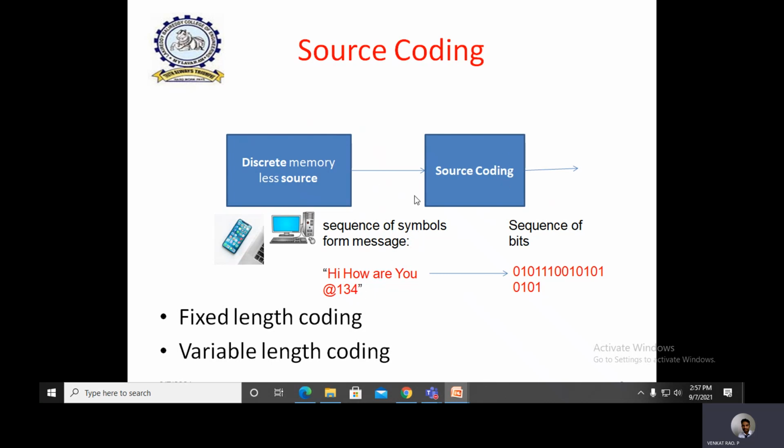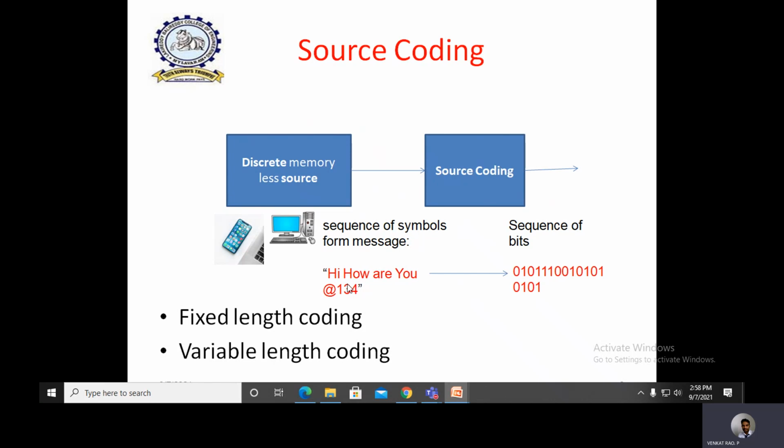When this message is given to the source coding, the source coding will assign a group of bits to each and every symbol in that message. For example, here there is the word hi, H and I. For the letter H, it will assign some group of bits. It may be 2 bits or 3 bits or 4 bits, depending on the type of coding we use here. Similarly for I, some group of bits.